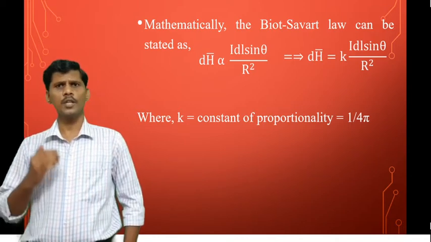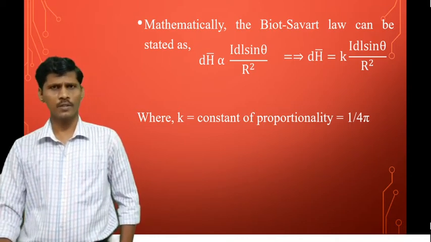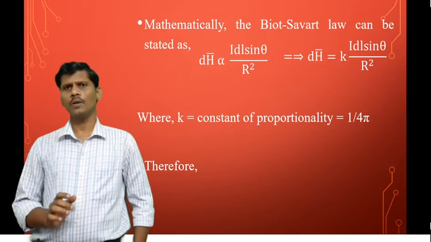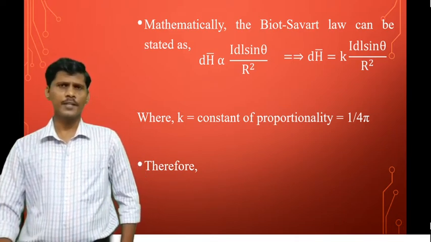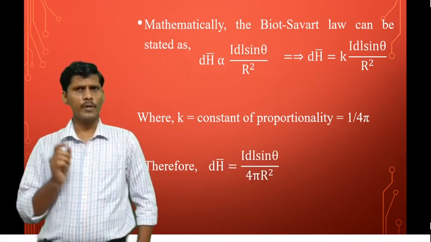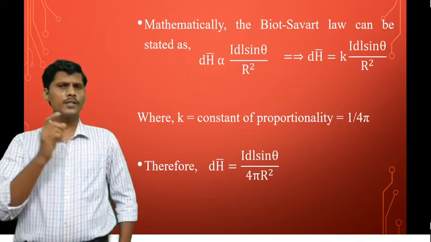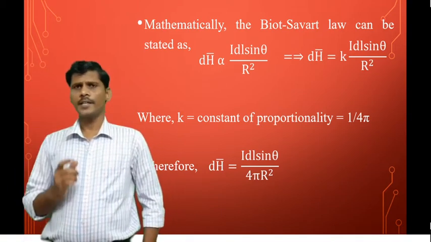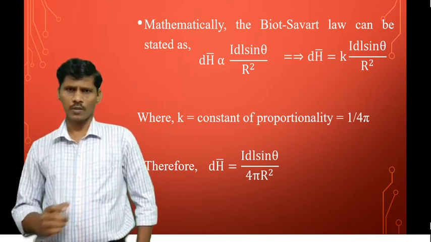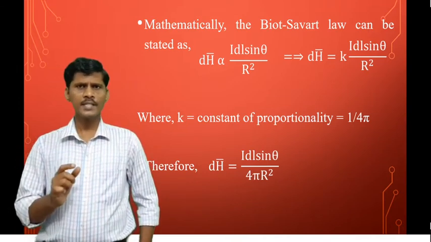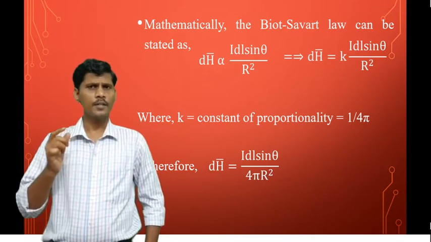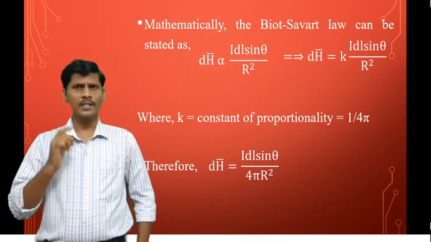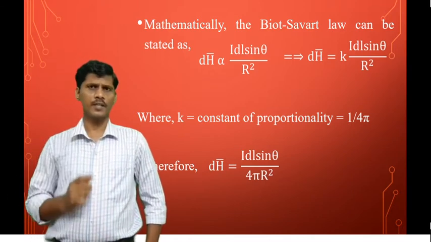Substituting the k value into the above equation, we get the magnitude of the differential magnetic field intensity at a point P due to the differential current element as I dl sin theta by 4 pi r square, where I is the current, dl is the differential length, and I dl is the differential current element.